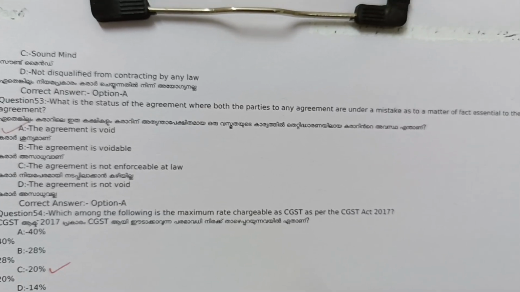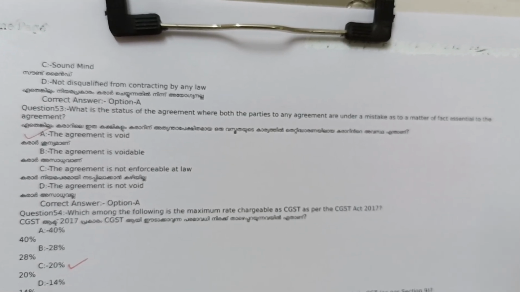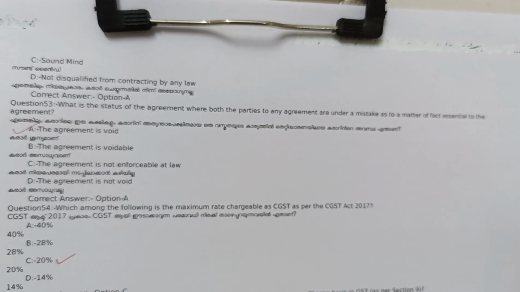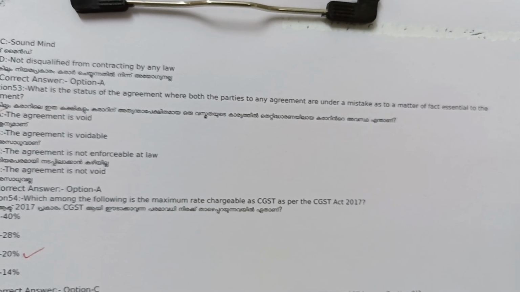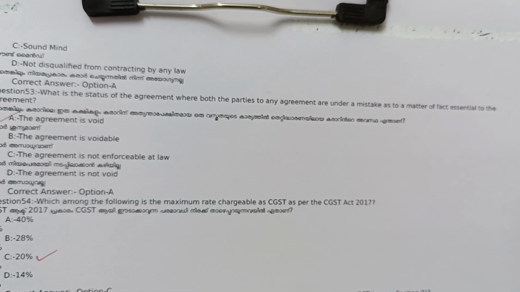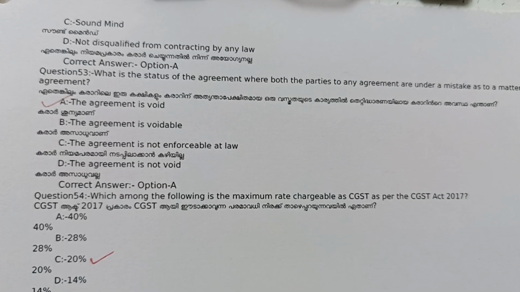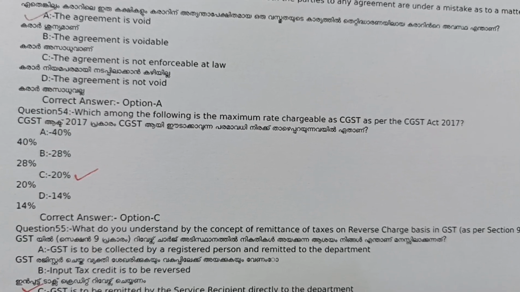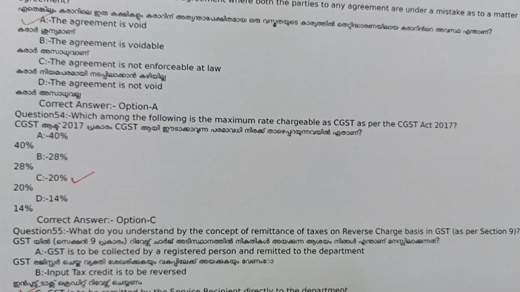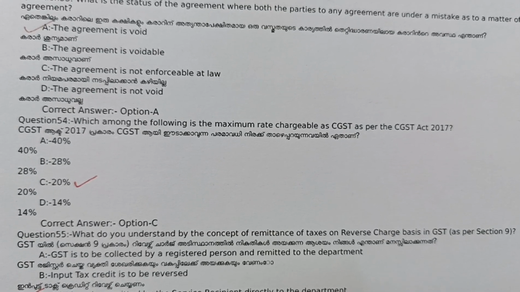Question number 53. What is the status of the agreement where both the parties to any agreement are under a mistake as to matter of fact essential to the agreement? Answer, the agreement is void. Question number 54. Which among the following is the maximum rate chargeable as CGST as per the CGST Act 2017?